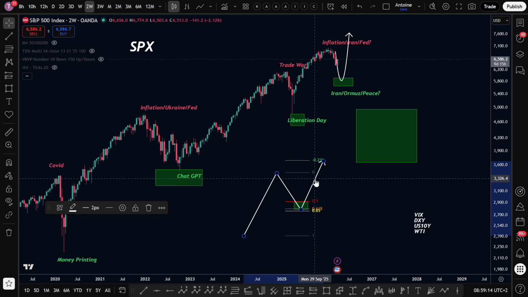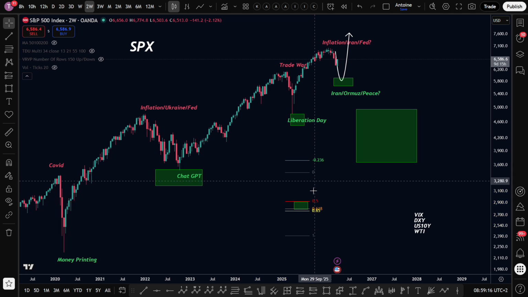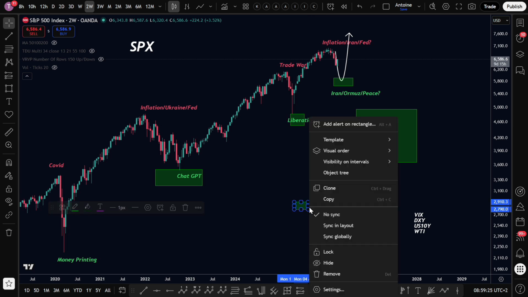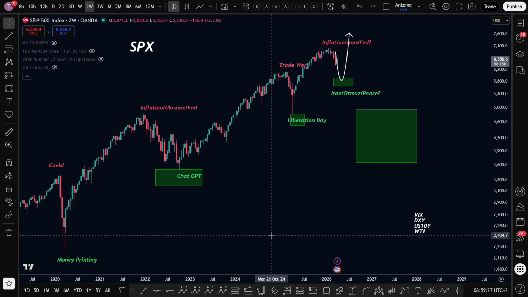And they do this in all kinds of instruments: in oil, in gold, in commodities, in the risk assets, in indices, in Bitcoin. And you're going to see what they did in the S&P 500. It was really spectacular. And all this is to acknowledge what could be an amazing opportunity in stocks, and that will be the end of the demonstration.